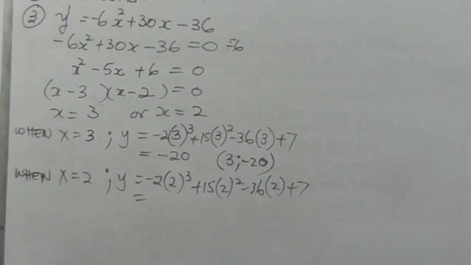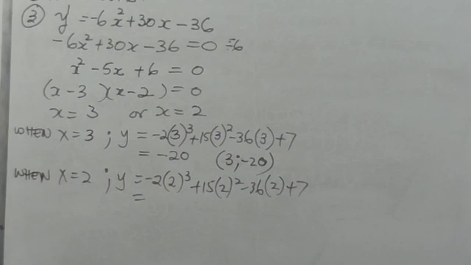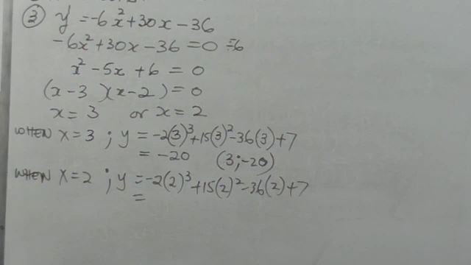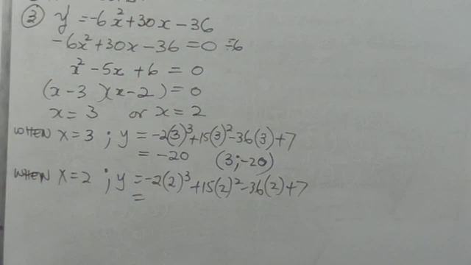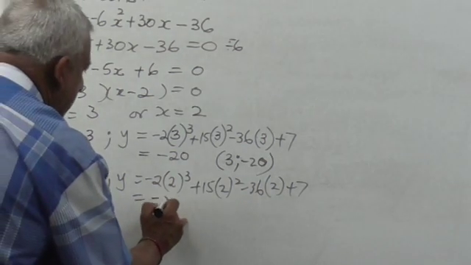Negative 2 times 2 cubed plus 15 times 2 squared minus 36 times 2 plus 7 is equal to, and we get minus 21.